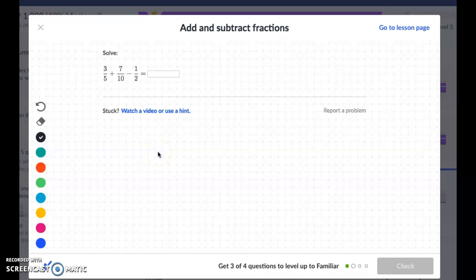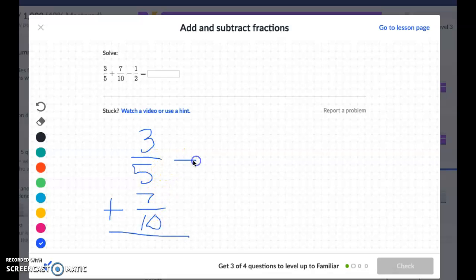Okay, so again, 3/5 plus 7/10 minus 1/2. For this one, I'm simply going to do 3/5 plus 7/10 and get an answer, and then I'm going to continue my problem. 3/5 plus 7/10.